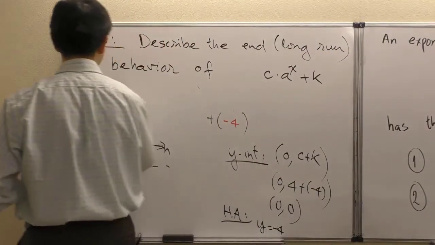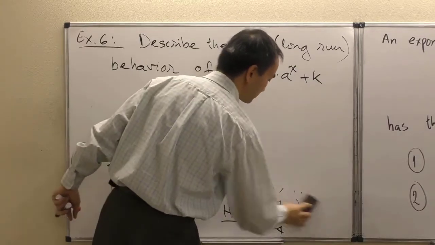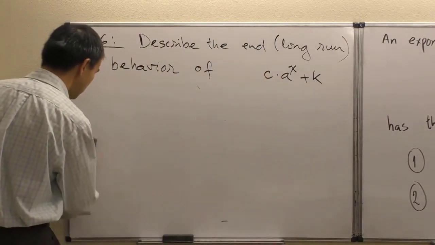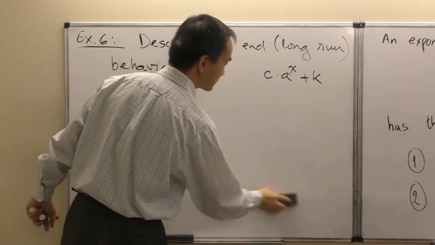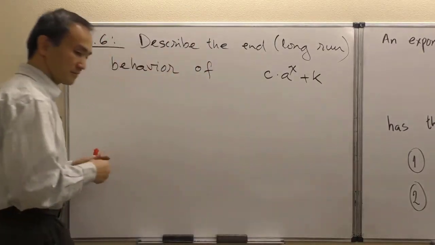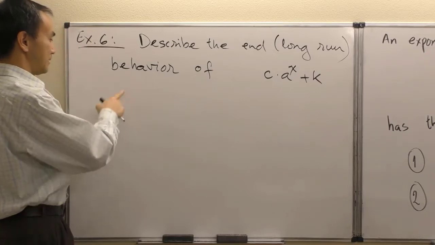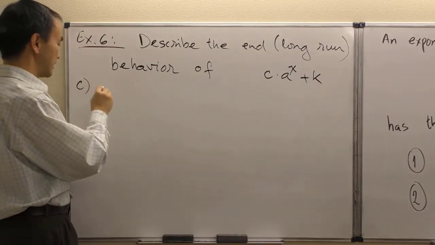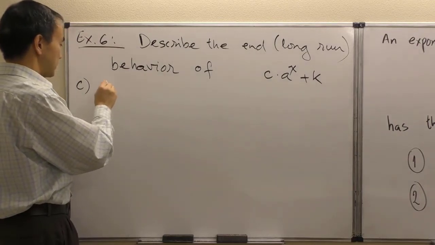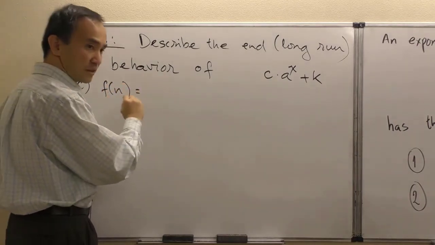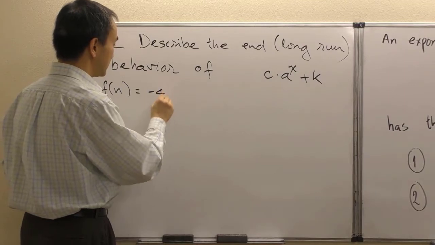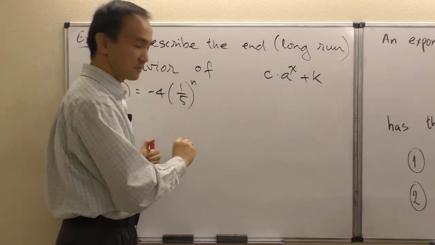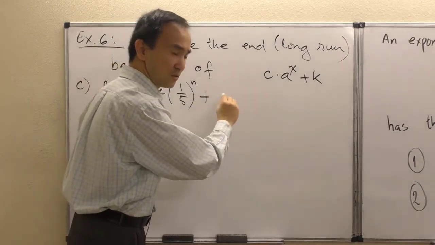So now on my board, I'm going to take a minute writing this down. All right, so part C, our function is f of n equals -4 times 1/5 to the n plus 1.